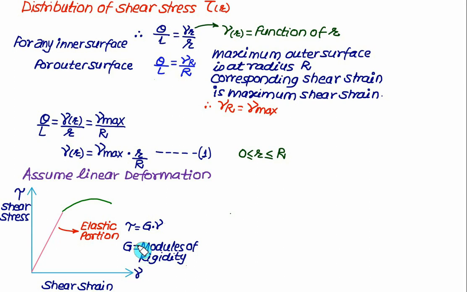Now using the equation that tau is equal to G times gamma, we have already developed the equation for gamma.